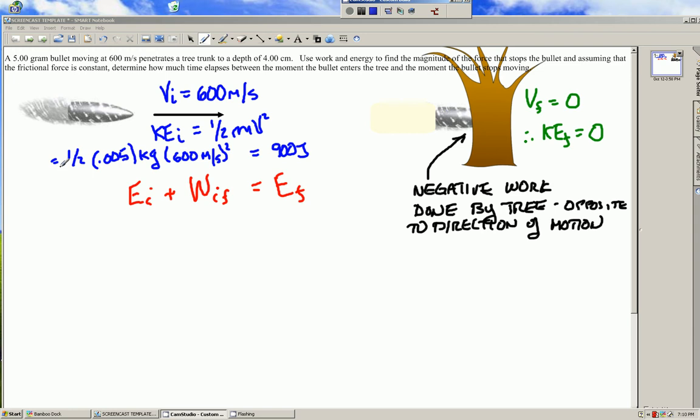So our equation of conservation of energy now, because we do have losses, is the initial energy plus any work done between the initial and final points is equal to the final energy. In this case, the work done by the tree, since it's acting as a force in the opposite direction of motion, will turn out to be negative. So let's set this up.